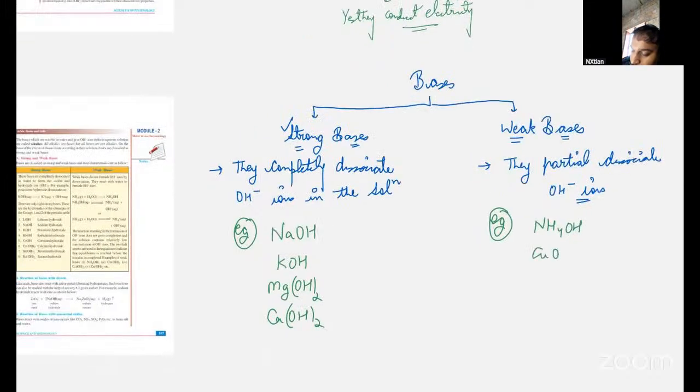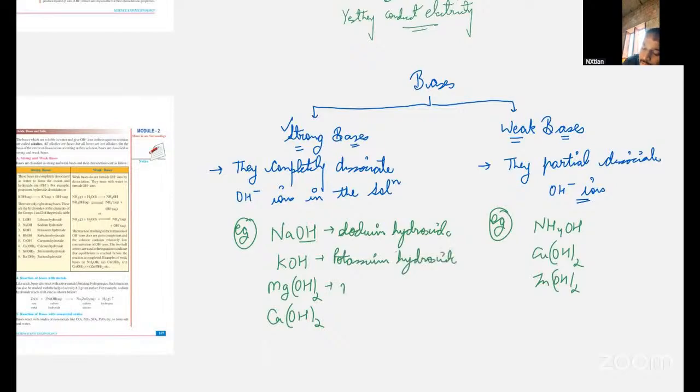Cu(OH)2. If I tell you Zn(OH)2, I will write the name also. This is called sodium, and OH is called hydroxide. It becomes sodium hydroxide. K is potassium, and OH is called hydroxide.